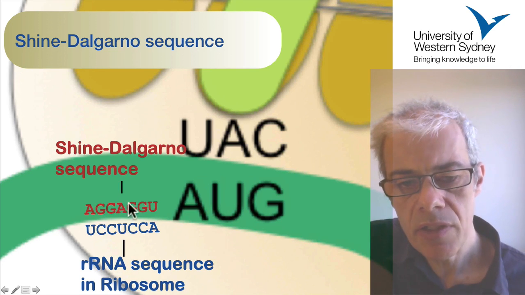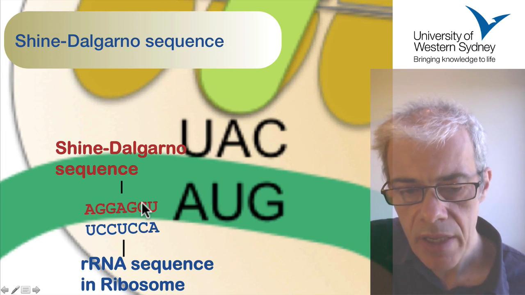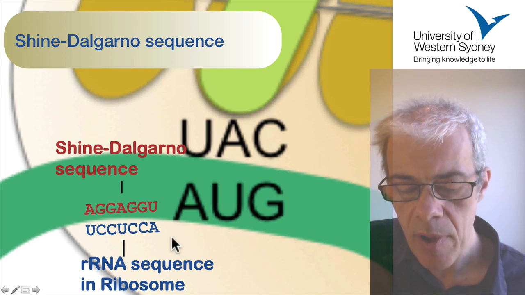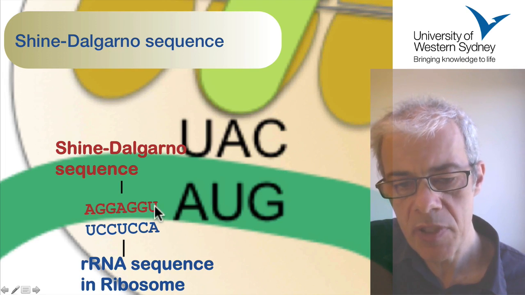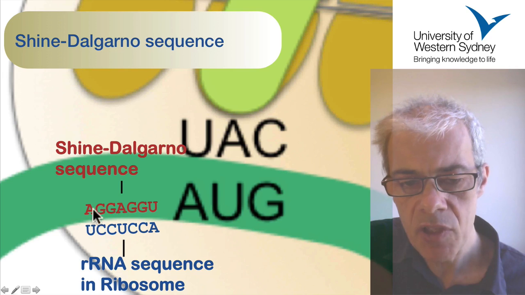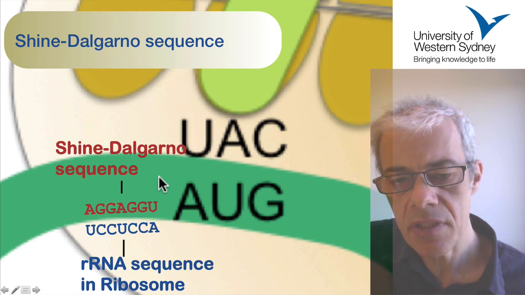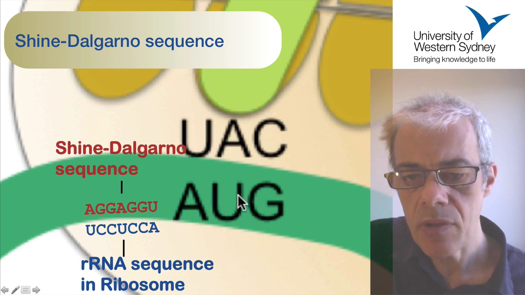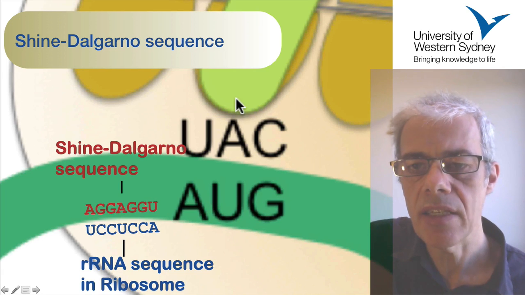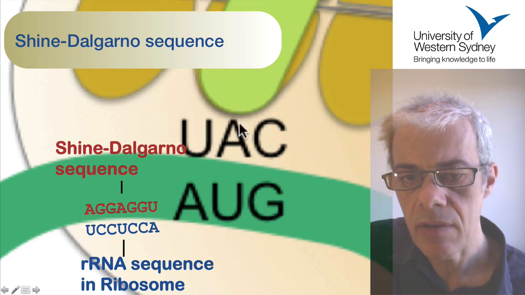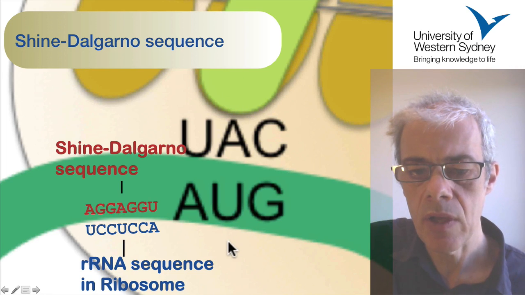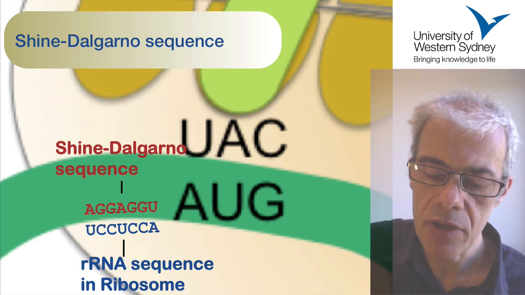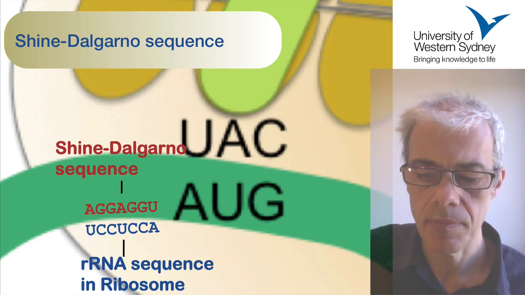This Shine-Dalgarno sequence is complementary to the sequence of the rRNA that's a part of the ribosome. So this specific base pairing between these two sequences positions the messenger RNA so that the AUG site is then located in the P site for the initiation. So that's how the cell is able to distinguish the first AUG to begin initiation.